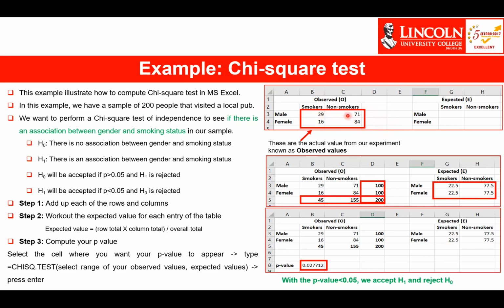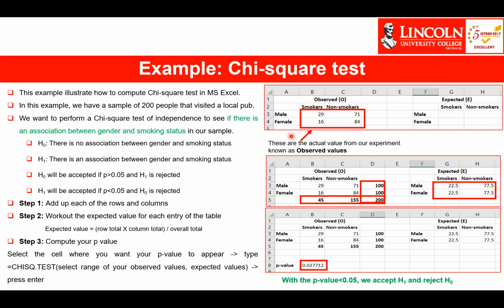Meaning that 29 plus 71, the total should be recorded here. 16 plus 84, the total should be recorded here. 71 plus 84, the total should be recorded here. Then 29 plus 16, the total should be recorded here. We need to get the column totals and the row totals. So eventually you should have something like this. Once that is done, we need to create our expected observations.